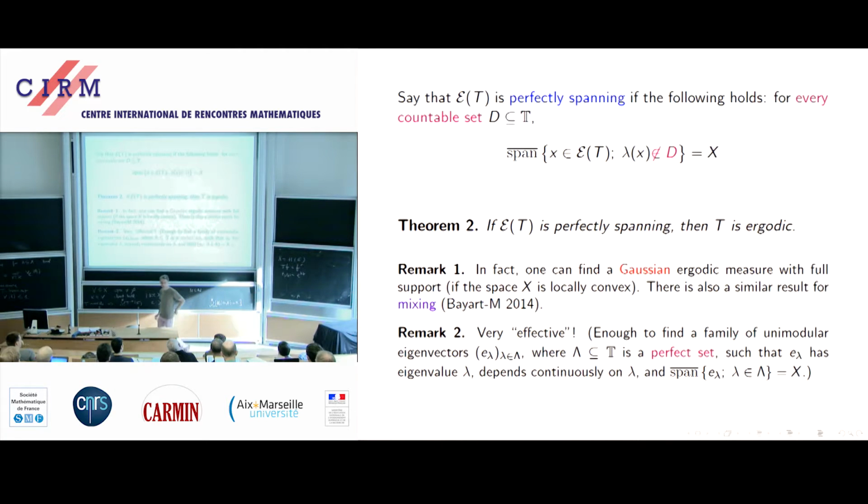And in most cases, it is not really harder to check this perfect spanning property.